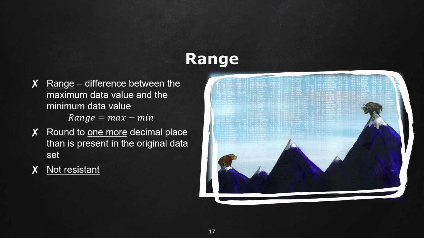You just get the max and subtract the min. The same rounding rule applies, one more decimal place than the original data. And it's not resistant, similar to the mid-range. It's using the most extreme values of the data set, so if there are some really heavy outliers in this data set, the range is going to be thrown all over the place.